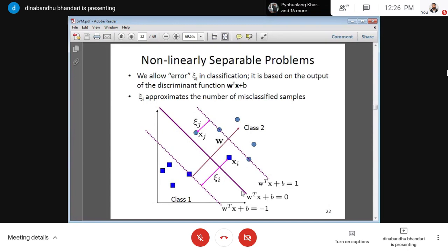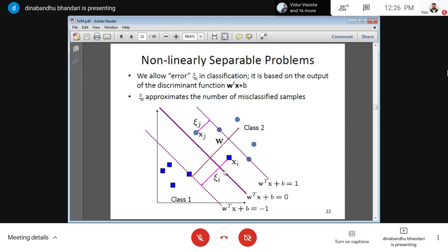The soft margin concept is that there is some compromise here. Suppose you have a data set something like this. Now if I have to find the boundary here, what should be the margin? You can see there is a little space here, right? I can draw a boundary here for the circle, and for the square rectangle I have drawn here, right? So there will be very little margin.